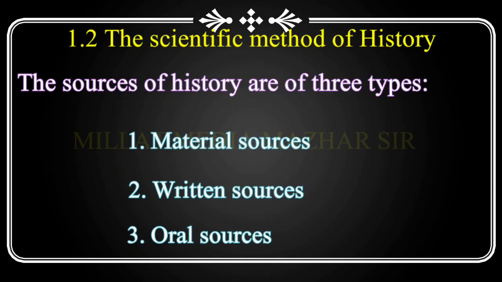Repeat after me. The sources of history are of three types. Number one, material sources. Number two, written sources. Number three, oral sources.